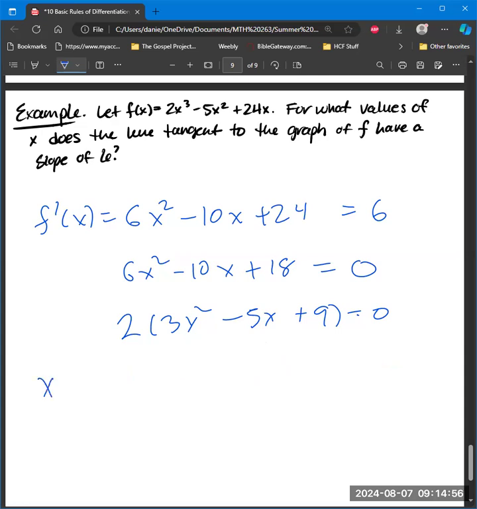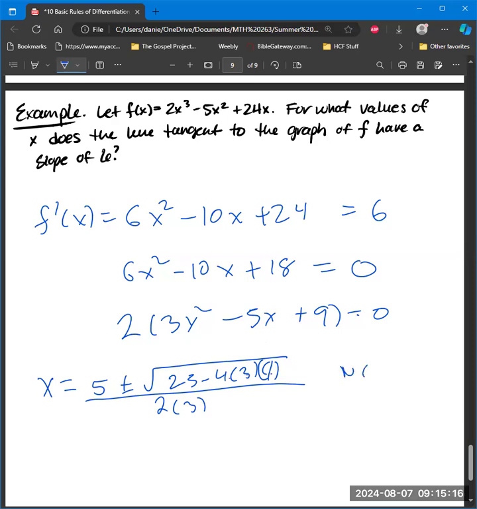So x is equal to negative b plus or minus the square root of b squared minus 4ac all over 2a. We already got a problem because I see that 27 times something is bigger than this. There's no real solution to this.